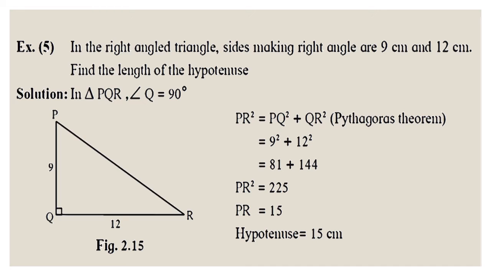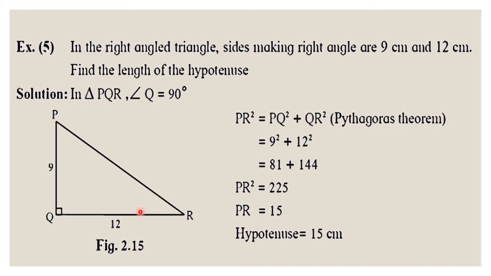Example 5. In the right angle triangle, sides making right angle are 9 cm and 12 cm. Find the length of the hypotenuse. This is clear cut substitution of Pythagoras theorem. Nothing to think about. Just draw a diagram. PQR is a 90 degree angle. Mention the Pythagoras theorem. And PR square is equal to PQ square plus QR square by Pythagoras theorem.